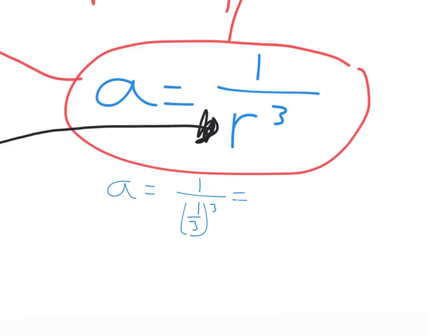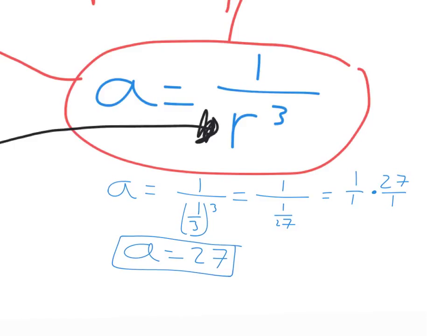Well, (1/3) cubed is 1/27, so that's 1 over 1/27. What you really have here is 1 over 1, divided by 1 over 27. So that means I can multiply by 27 over 1, and this is really just 27. So you've got to get used to dealing with fractions a little bit, but remember that you can always flip and multiply when you're dividing a fraction by a fraction.